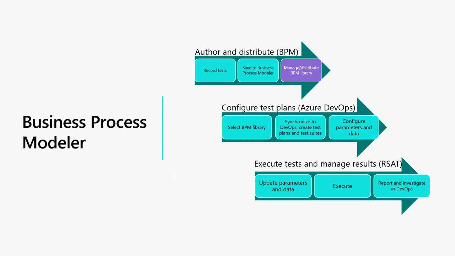The second component we'll focus on is the business process modeler. First of all, I wanted to say that this component is not mandatory to achieve an end-to-end automation story. Nevertheless, if you want to create a library of tests and share it, for example, let's take a rollout project.